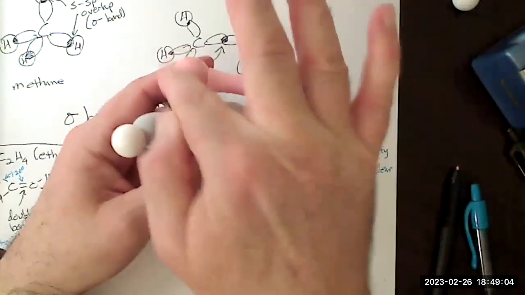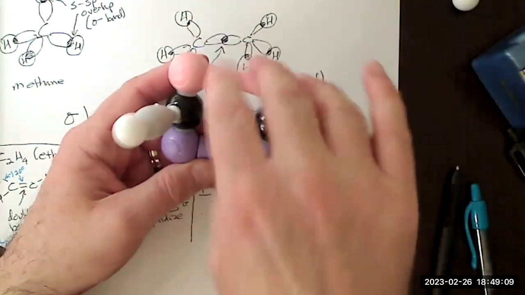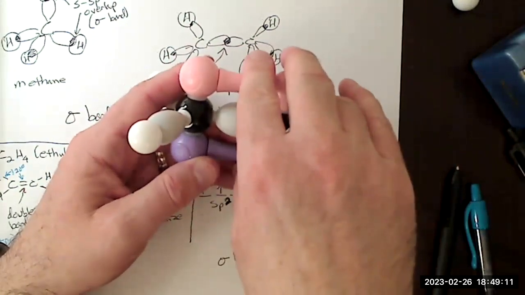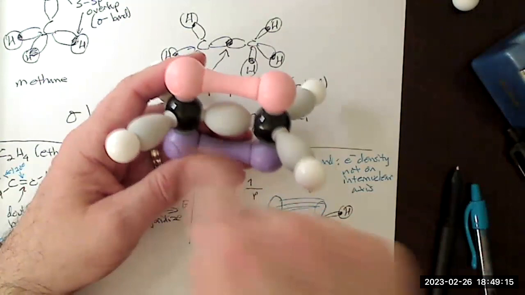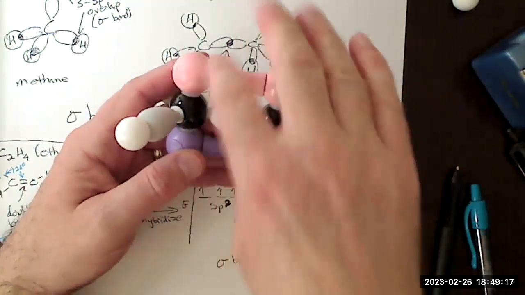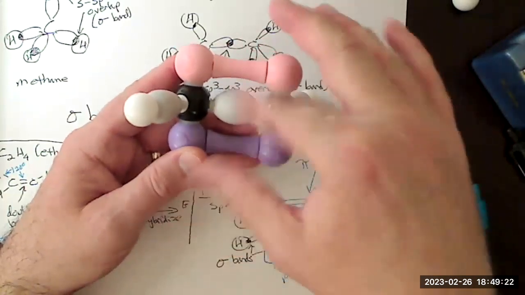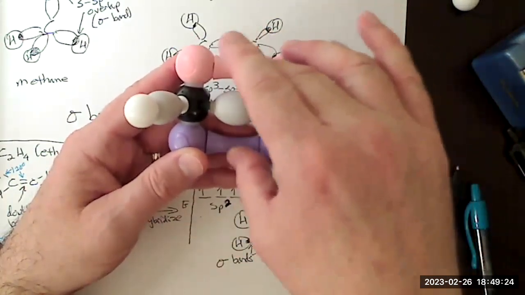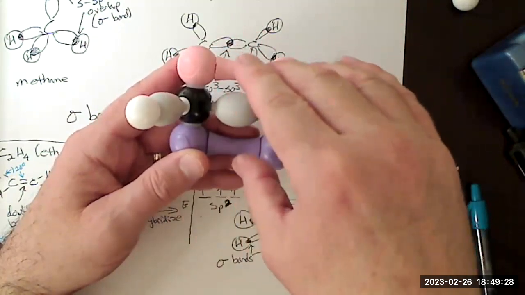So we have overlap with the p orbital. Both lobes of the p orbitals will overlap. So pink lobe of one with pink lobe of the other, purple lobe of one with the purple lobe of the other. That makes one pi bond, okay? These two regions of overlap together are one pi bond.